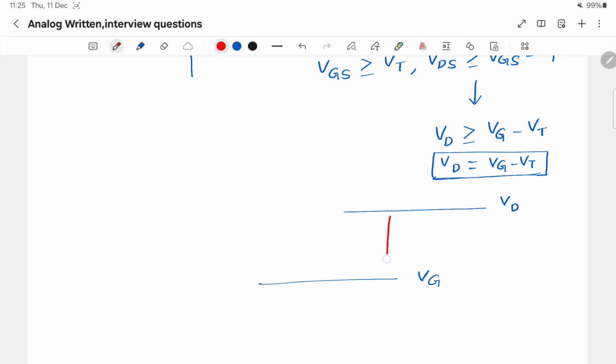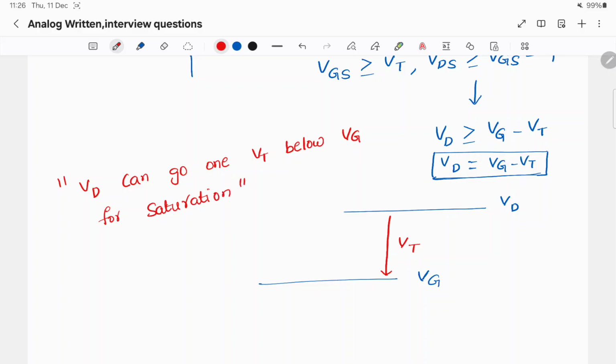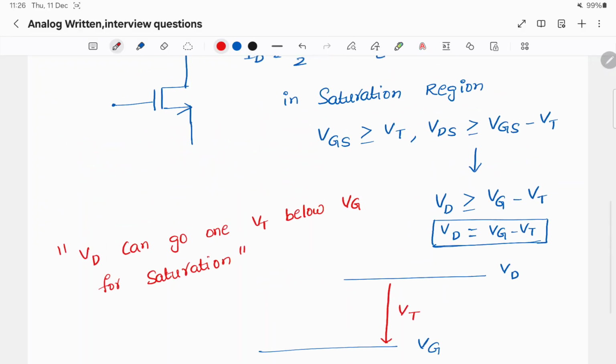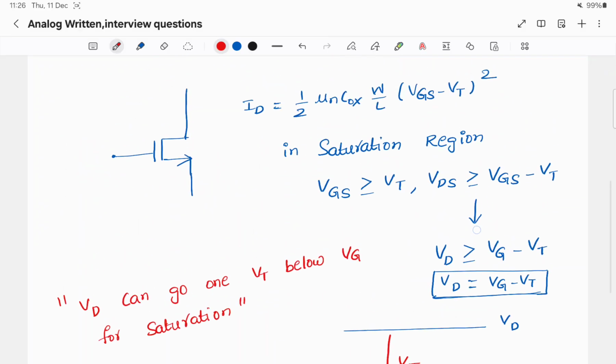That means VD can come 1 VT below VG. VD can go 1 VT below VG for saturation. If it goes further below, that will be in triode region.